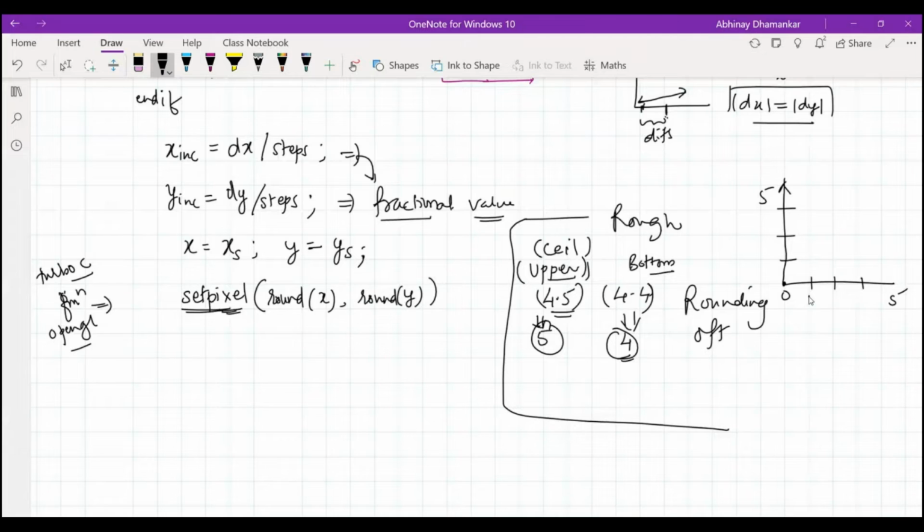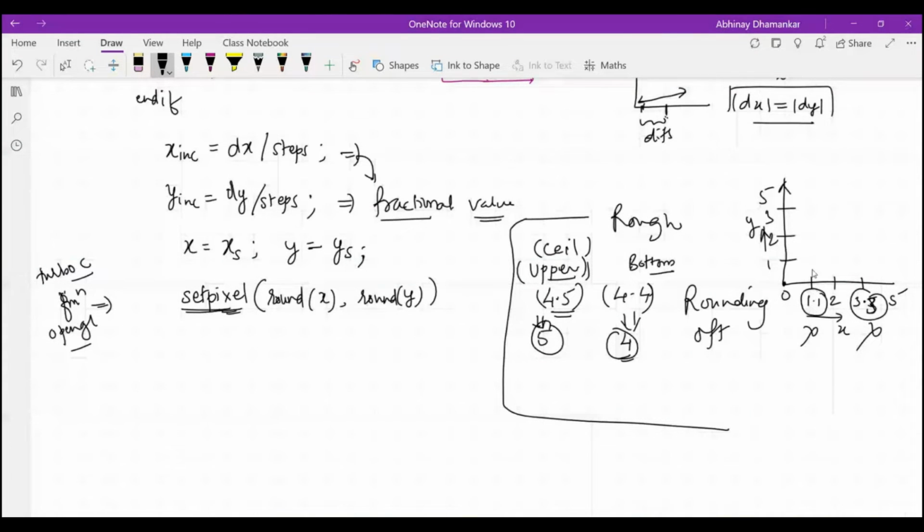We always use integer values in the x direction, and integer values in the y direction. 1 2 3, we do not have 1.1. We do not have any fractional part. Something like 3.5 or 3.3 is not available. So we always plot the value in integer form.